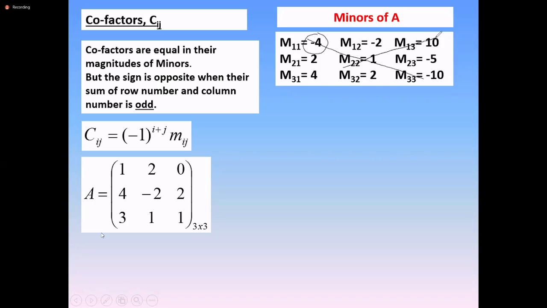In this position, minor values and cofactors are same, but in this position, denoted by squares here, I will clearly explain you.